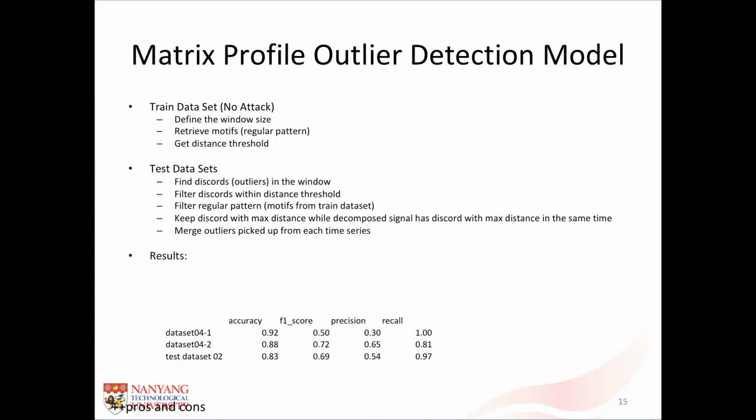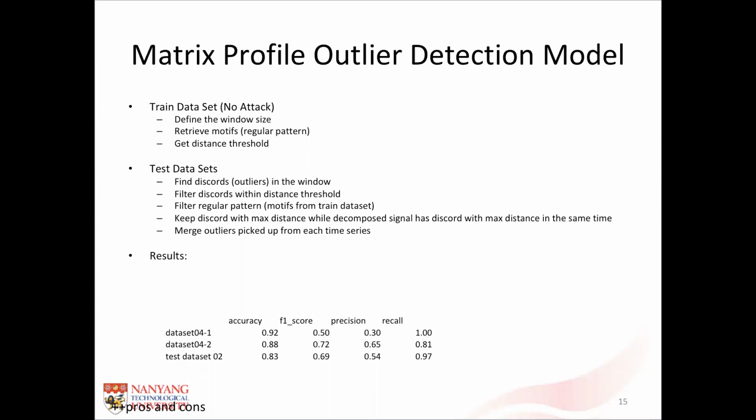Meanwhile, for the discords filtered by the distance threshold, we do another comparison. For the discord with max distance, we decompose the raw signal and apply the matrix profile to the decomposed signals.